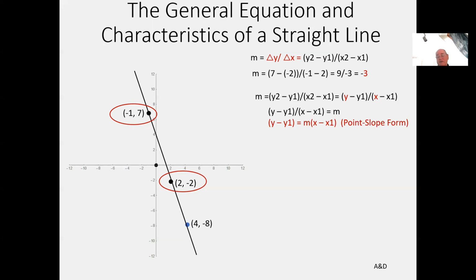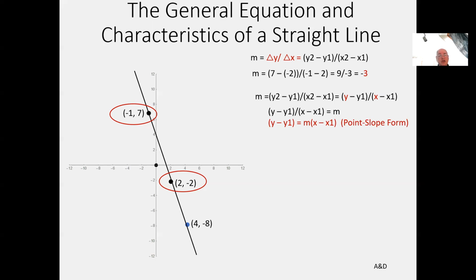And look what we have. We have an equation in x and y. It depends upon x1 and y1. It depends upon a point on the line, not surprisingly, and it depends upon the slope. But given any arbitrary x I like, I can plug it into that equation and calculate y and get another equivalent point. I can create a table of values. This is an equation of a line.